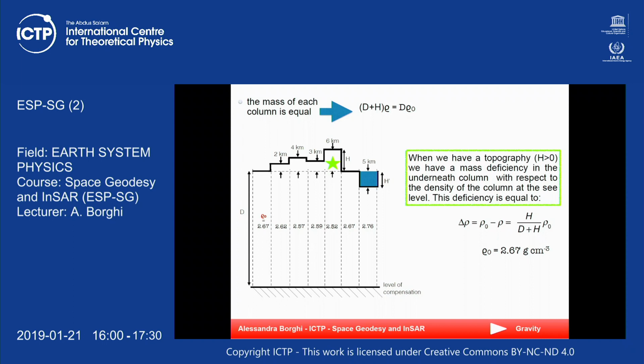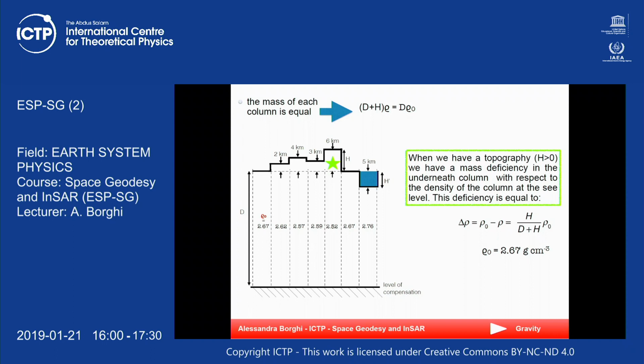If you consider a reference case where you don't have topography and you don't have a sea basin, you put a reference density equal to 2.67. So if you have mountains, you have to reduce the density to have the same masses between these two columns.